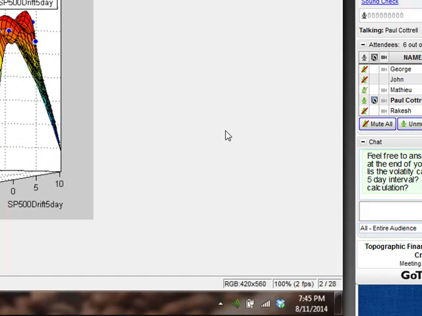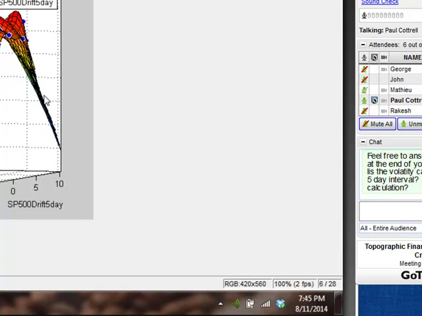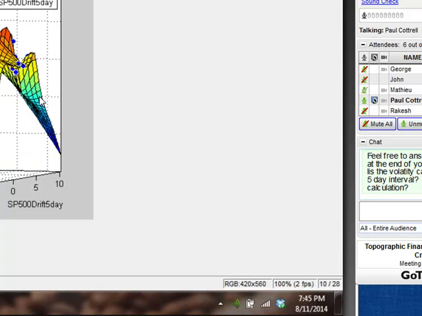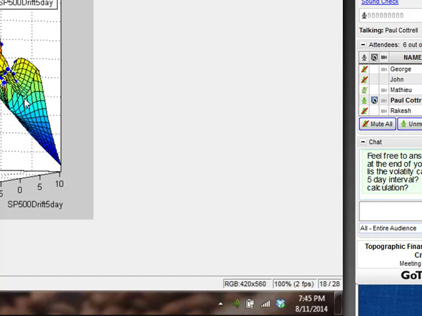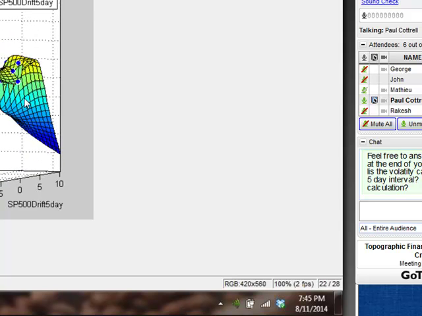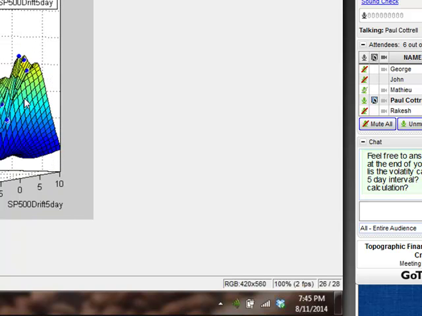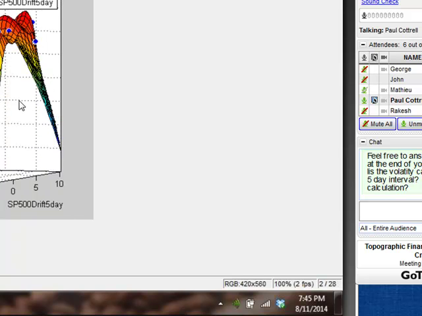In the production version of Poseidon, you'll be able to pick which surface window parameterization you want and which moving average parameterization you want for whichever variable you're graphing.